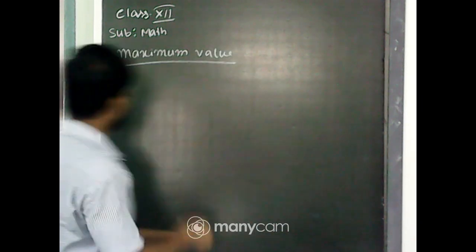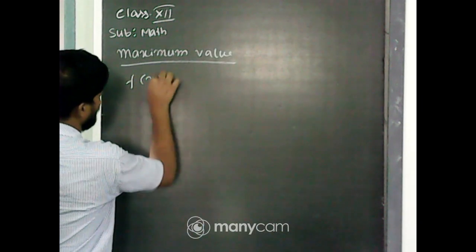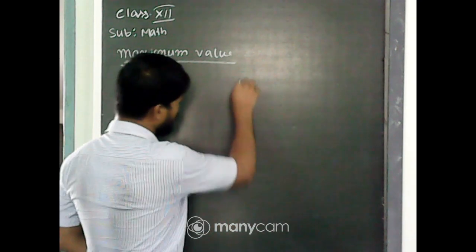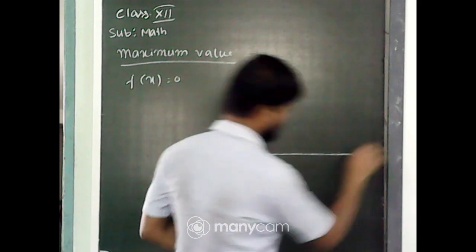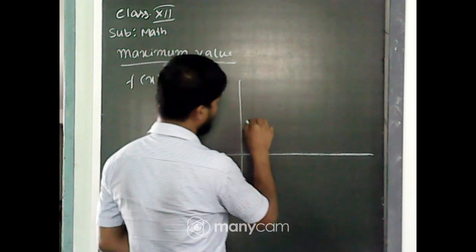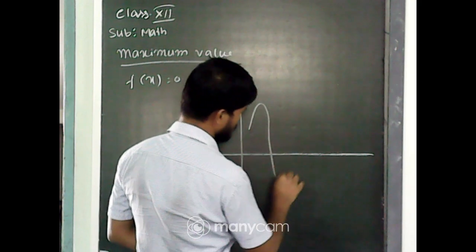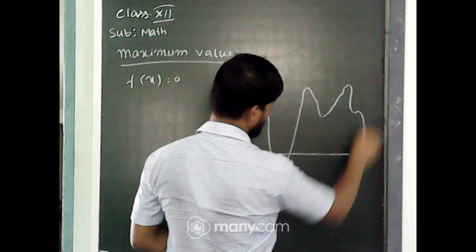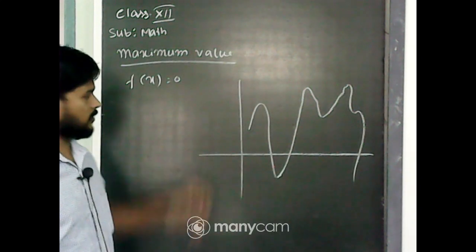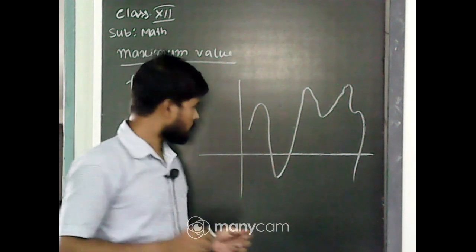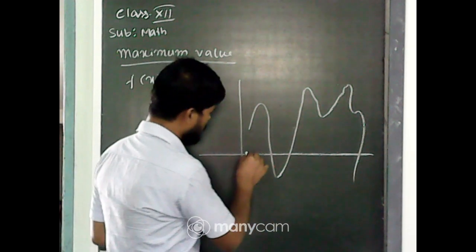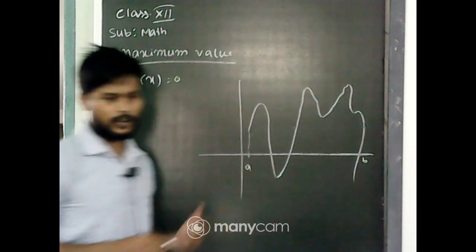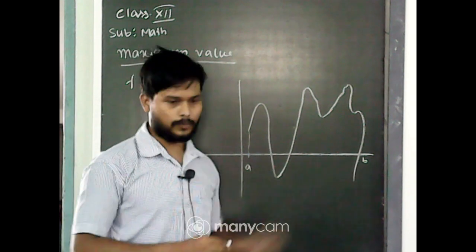Okay, let us consider a function f of x, any function f of x, and let's draw the graph of the function. We're taking that the graph is like that. Suppose this is our a point and this is our b point, means the domain of the function is from the point a to the point b.